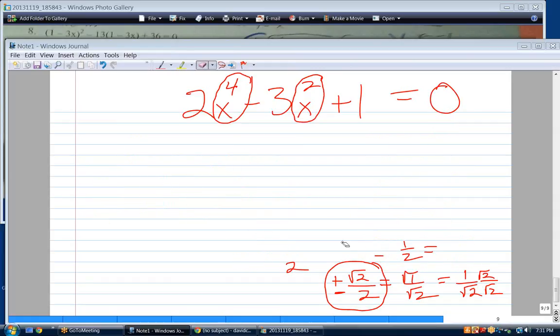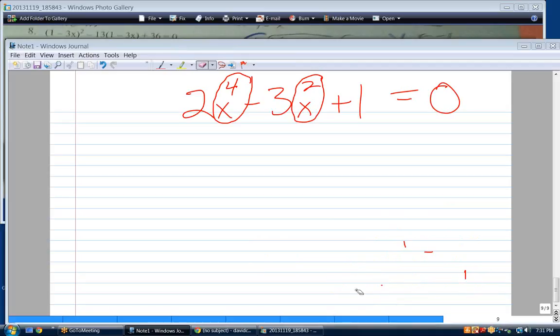If I wanted to really think up some tough quadratics in disguise, how about something like this? You see why that is a quadratic? I think so. What would you let u be?